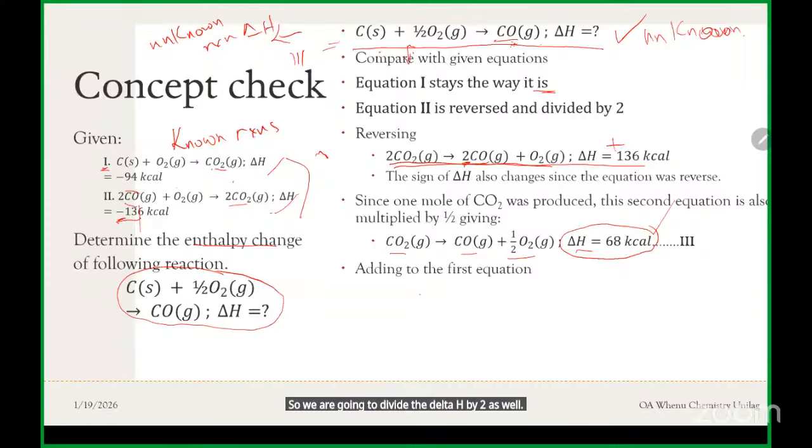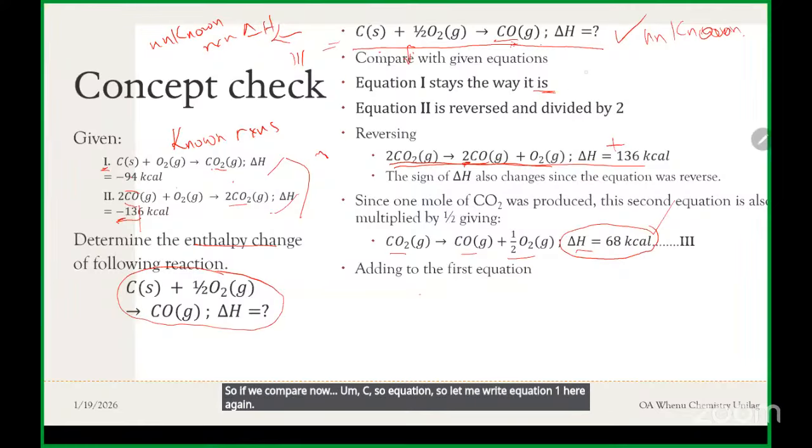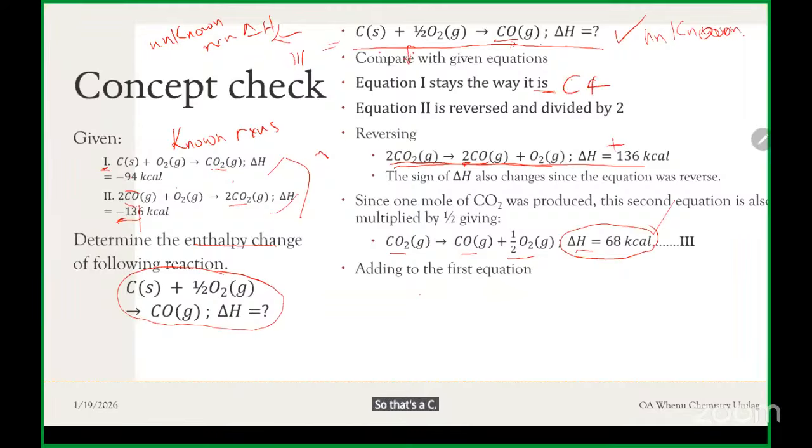So we compare now. Let me write equation 1 here again. That is C plus O2 gas going to CO2 gas. So that's still our equation 1.